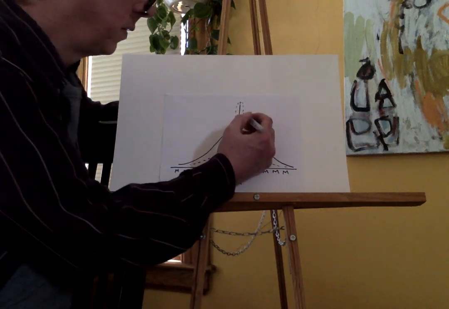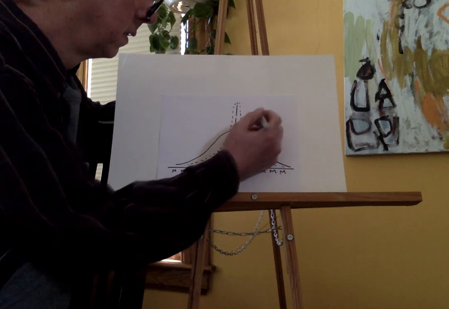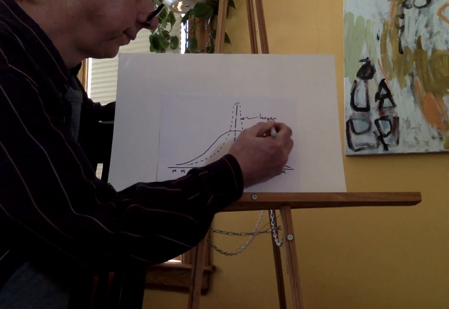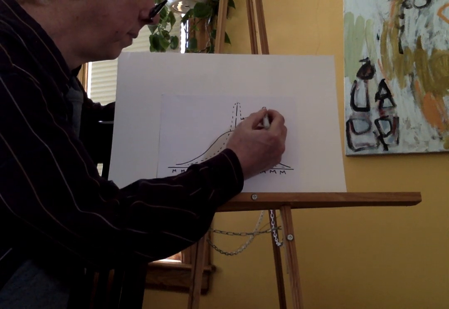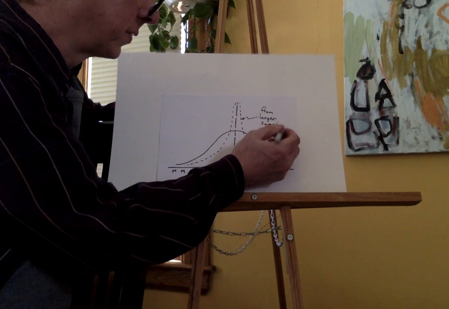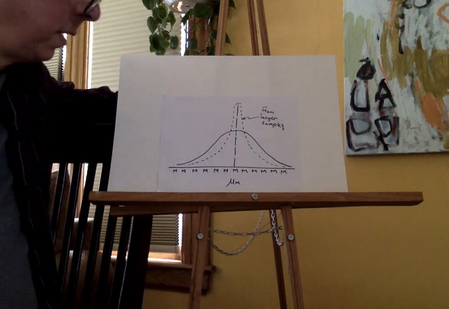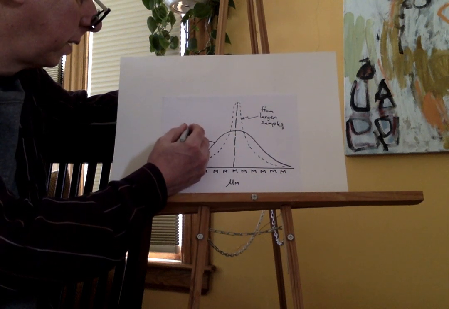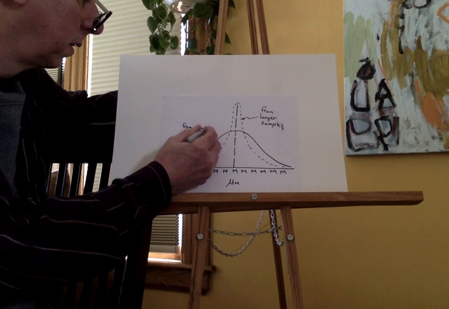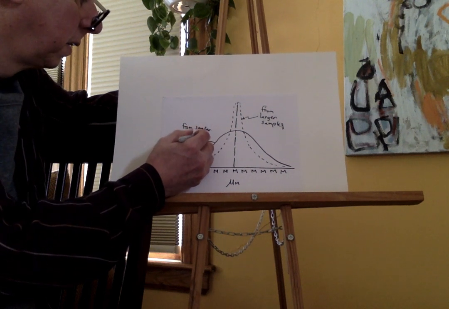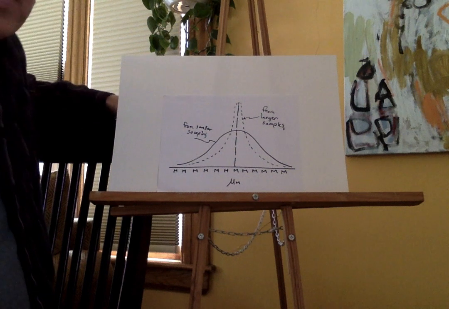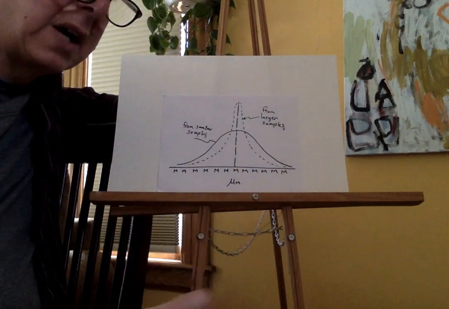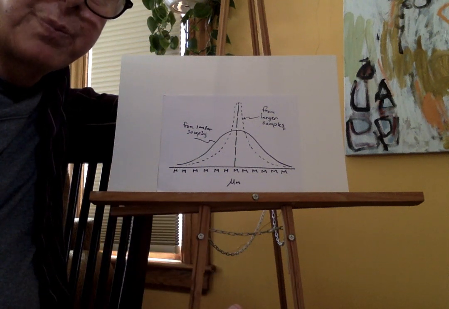So this dotted line would be from larger samples, and this solid line from smaller samples. Remember that each of these distributions is a whole bunch of samples, 1,000, 10,000, whatever it is.